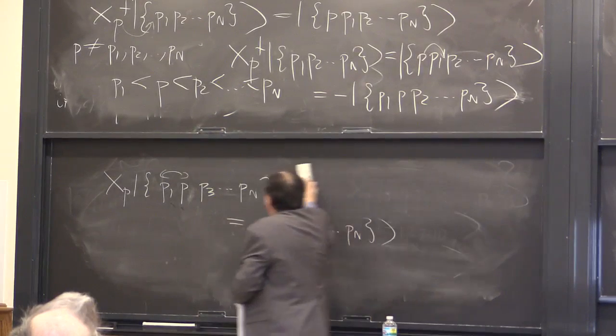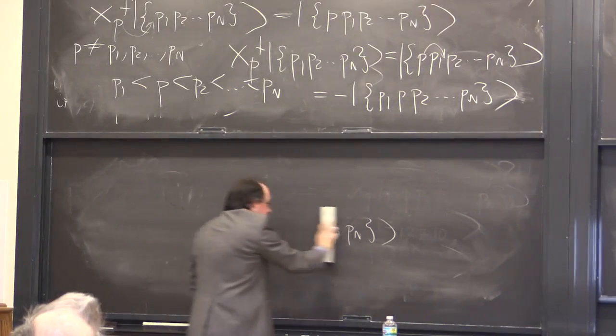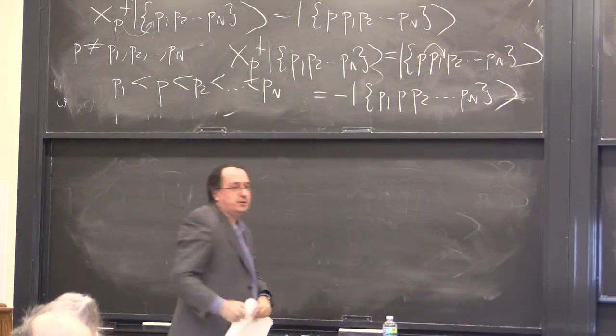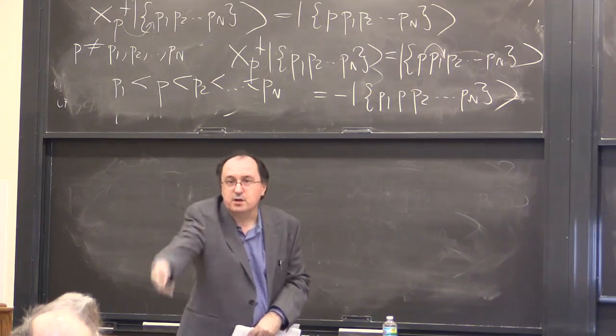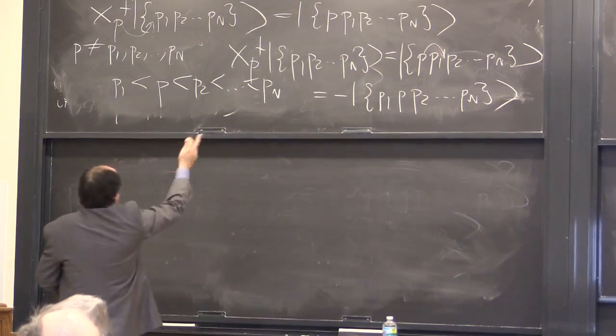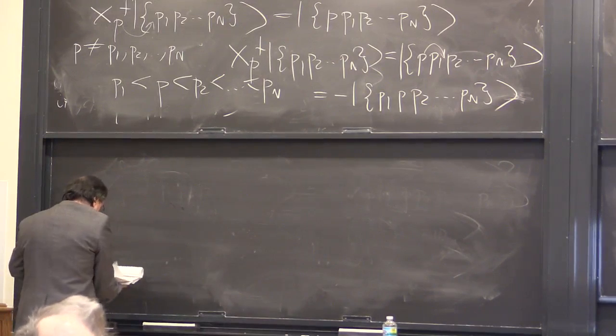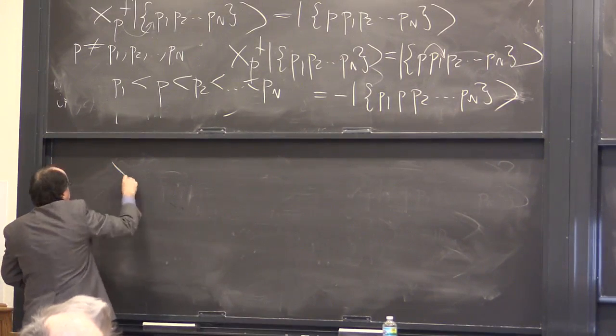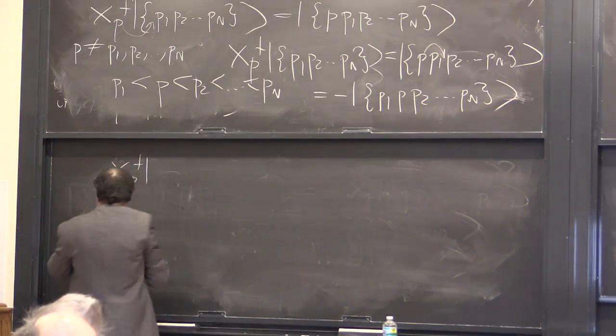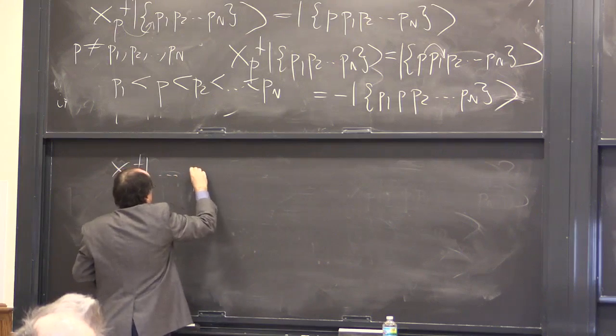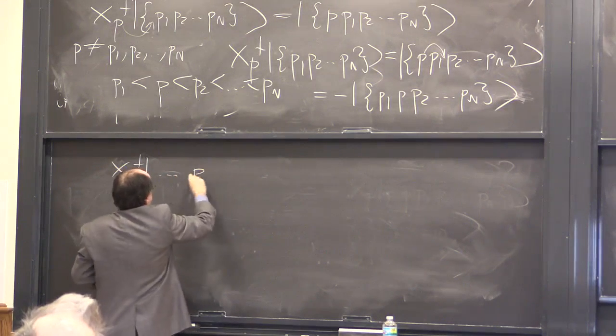Let's do it using the notation of Professor March and co-workers. Suppose I want to apply x_p dagger to a situation where, say, p is unoccupied.